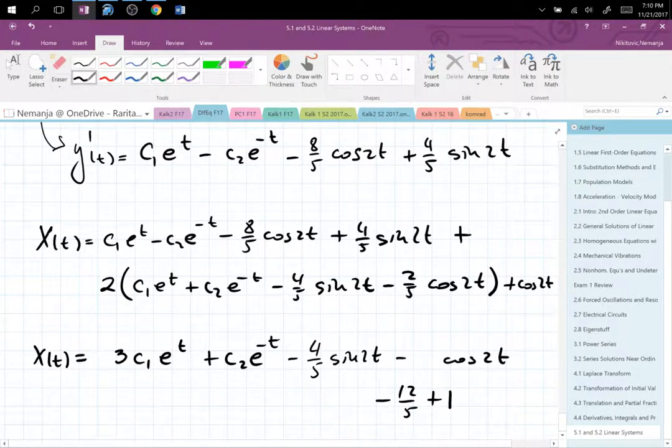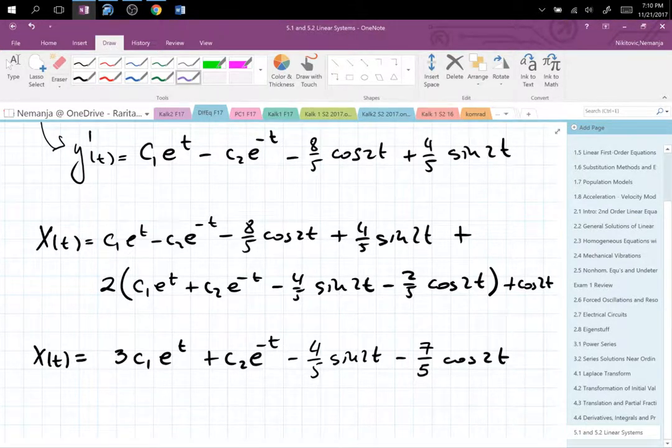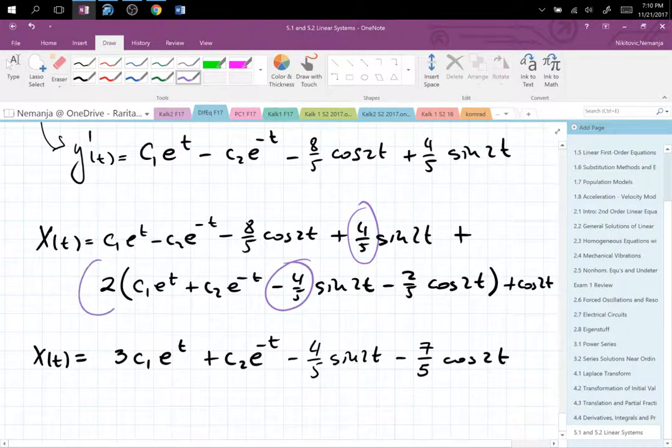If you're not paying attention, then you might get lost in where the 7/5 came from. I have 2 sines to combine, but I have 3 cosines to combine. So for sines, I have 1 of 4/5 and 2 of negative 4/5. So 1 of the 4/5 will cancel 1 of the 2 of negative 4/5.